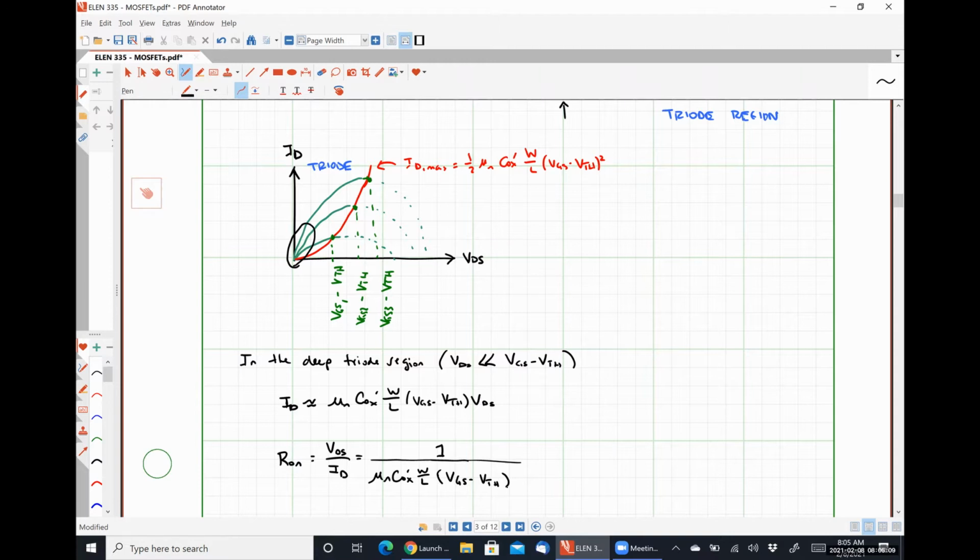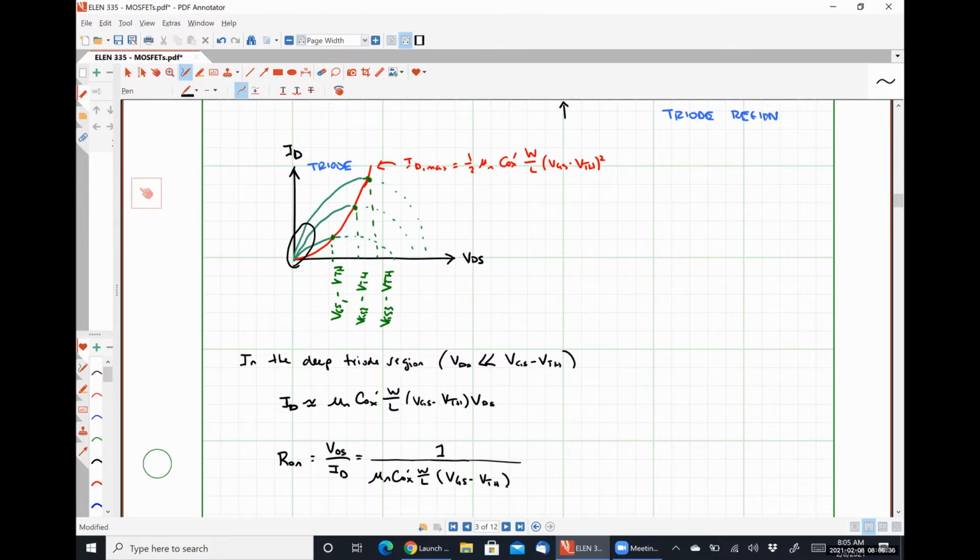This is interesting, okay? When we first started talking about MOSFET transistors, when we had the source voltage and the drain voltage grounded, the transistor itself behaved like a capacitor. And we can make that capacitor larger by simply increasing the physical dimensions of the channel width and channel length, right?